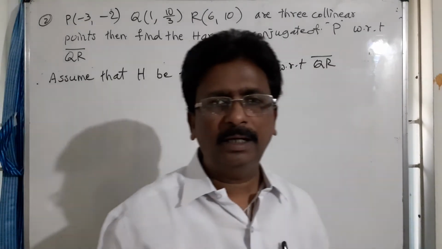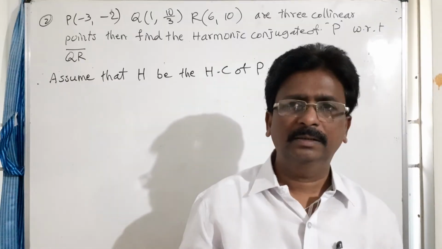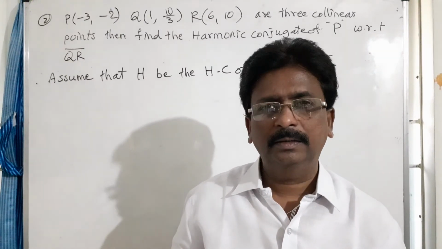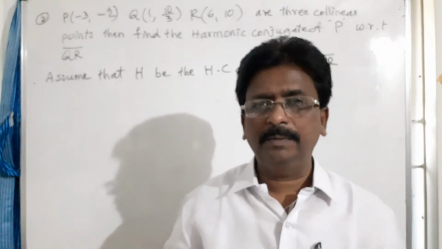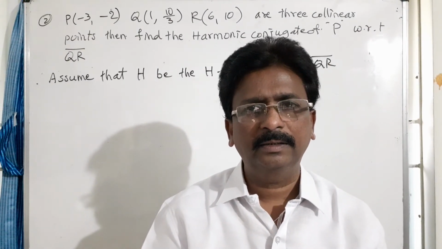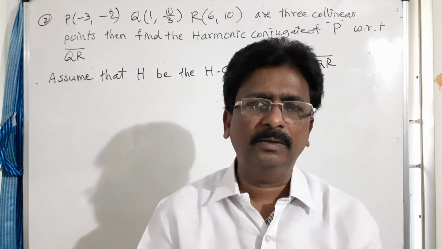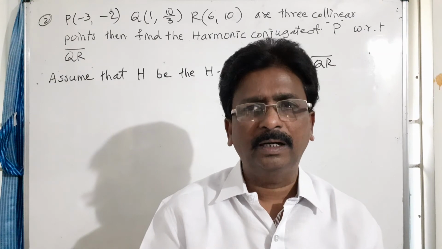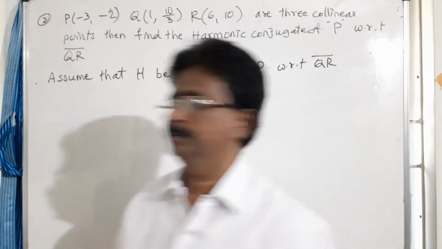To write the H coordinates, first we should know the ratio at which P divides QR. At what ratio P divides QR? We have to know first. So first I will find the ratio at which P divides QR.